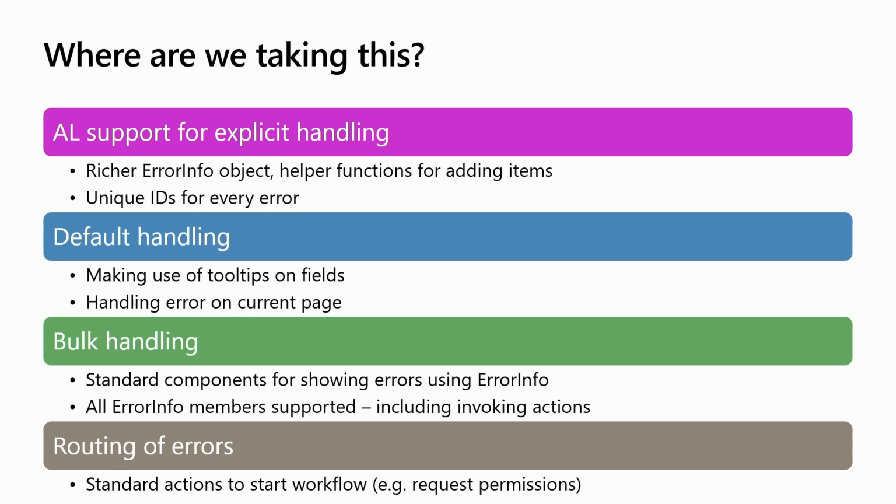If we have tooltips about it, we can do a lot of things, and we will add all of that capability to the error info object, improving the default handling. We're also going to at some point look at the bulk handling, so you get more standard components for these collectible errors, etc. And at some point we might even get a function pointer so that you don't need to remember that it needs to have a certain method signature. But that's a bit further out into the future.